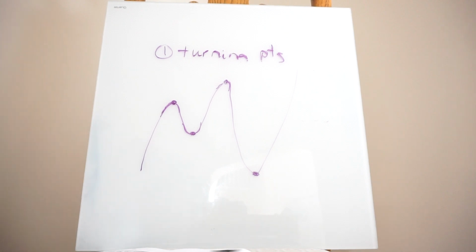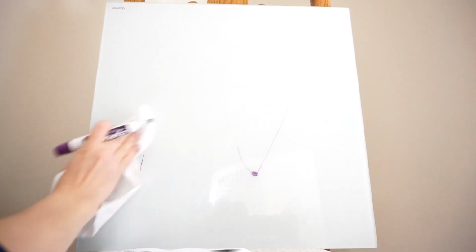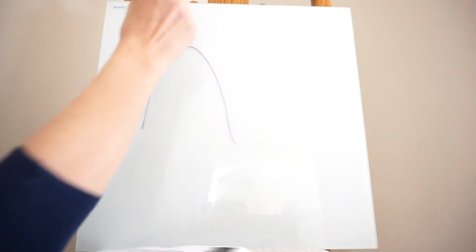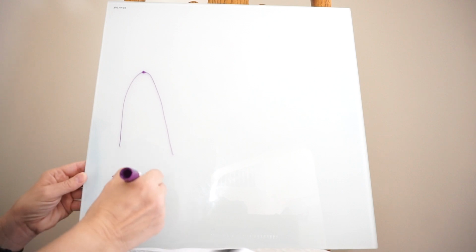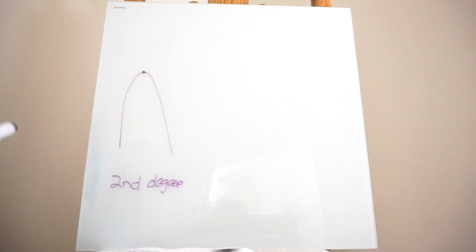So, if you have a second degree polynomial function, also known as a quadratic, we know that they have the shape of a parabola, and it has 1 turning point. So I'm going to actually draw this smaller so I can put all of these together because we're going to use them. So for quadratic, second degree, down here, it has at most, or it will have 1 turning point.